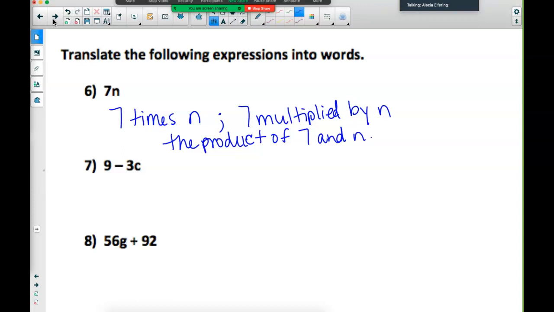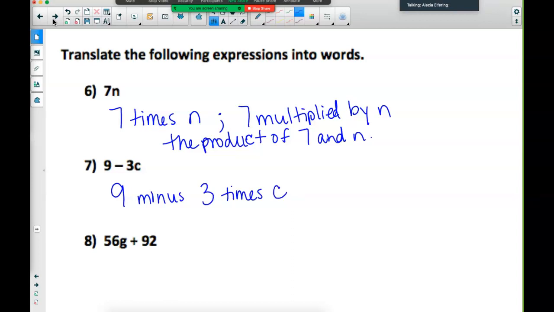So what would we say for number 7? I know how I would write it the easiest way. Go ahead, T. 9 minus 3 times c. Yeah, 9 minus 3 times c.